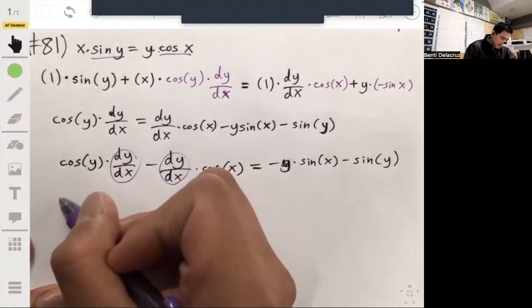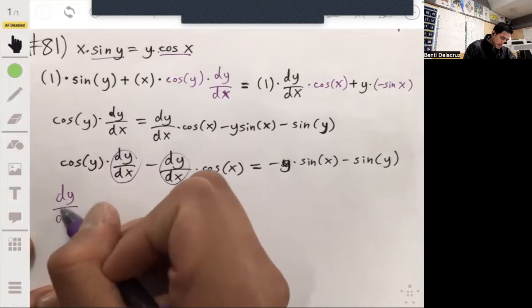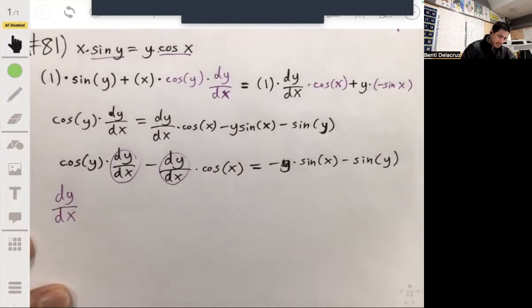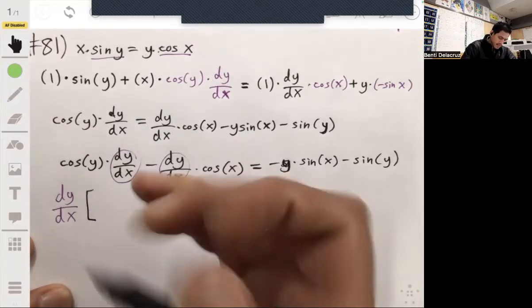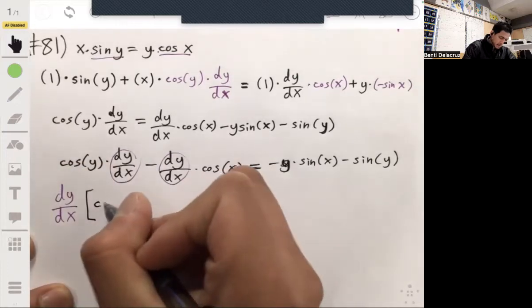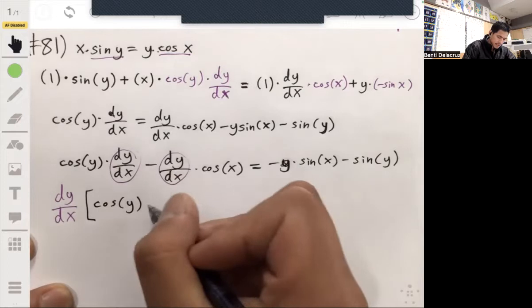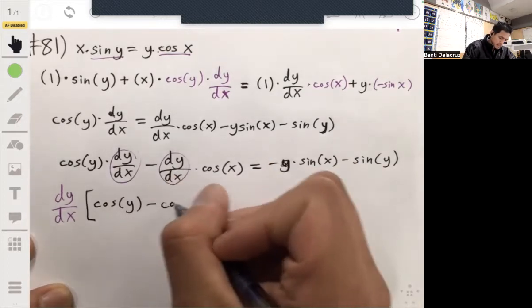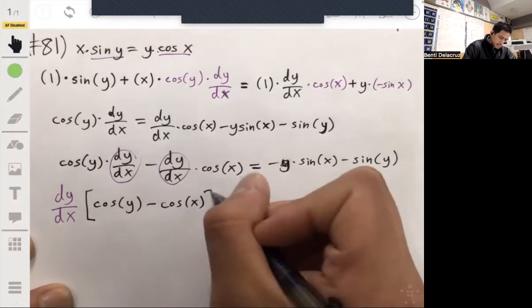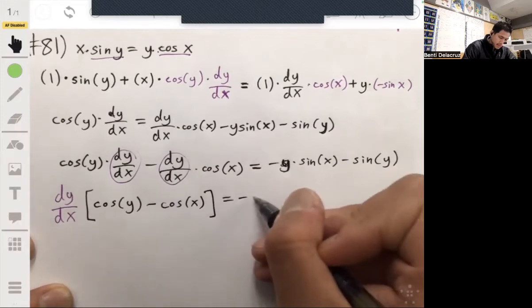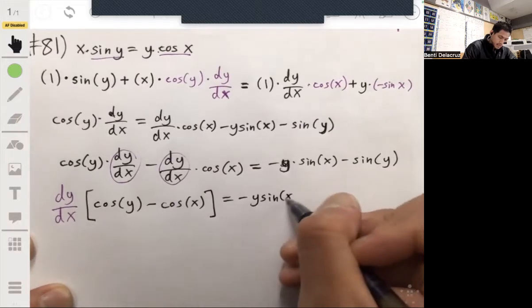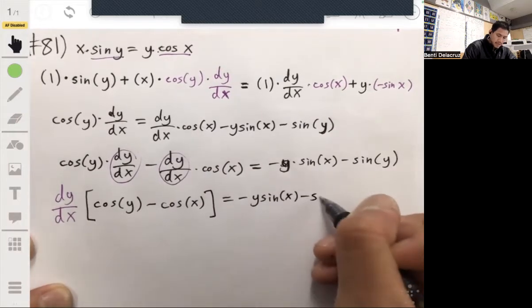So I'm going to move the dy over dx in front, and dy over dx will be multiplied by this term, so times cosine of y minus the cosine of x. And all of that will be equal to negative y times the sine of x minus the sine of y.